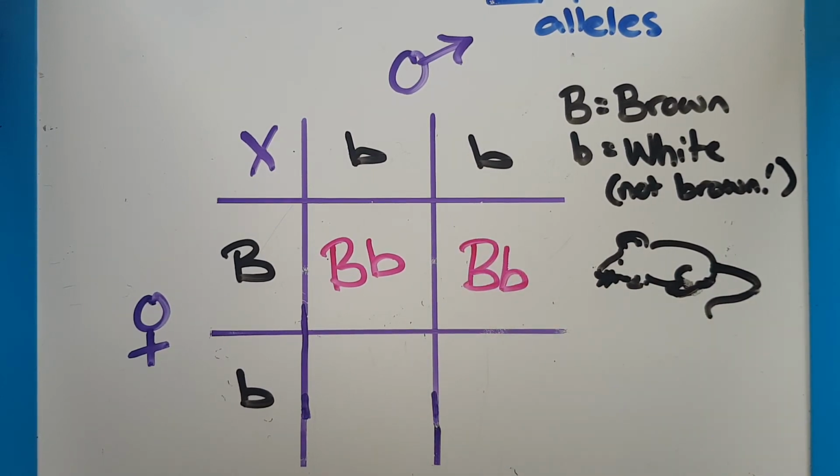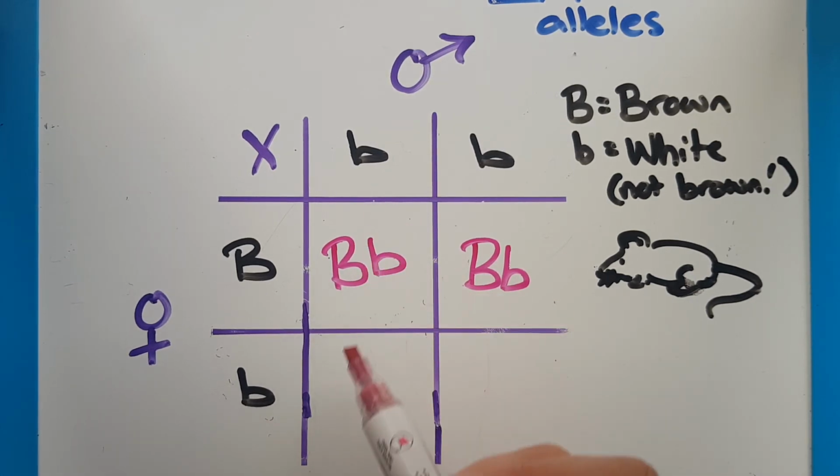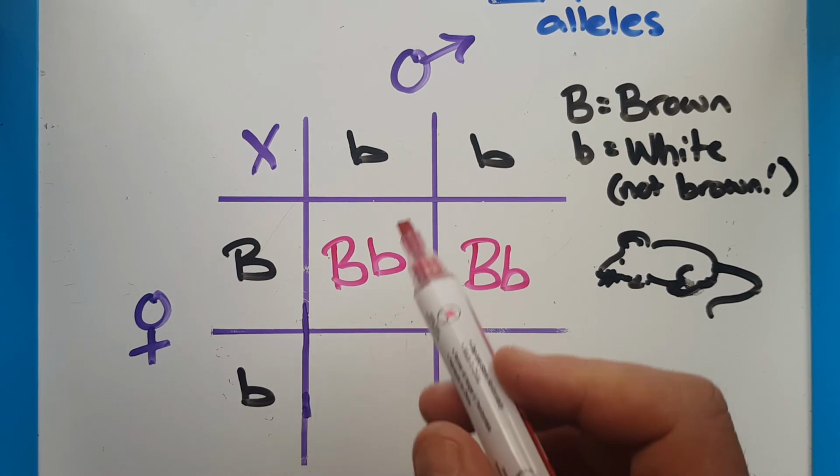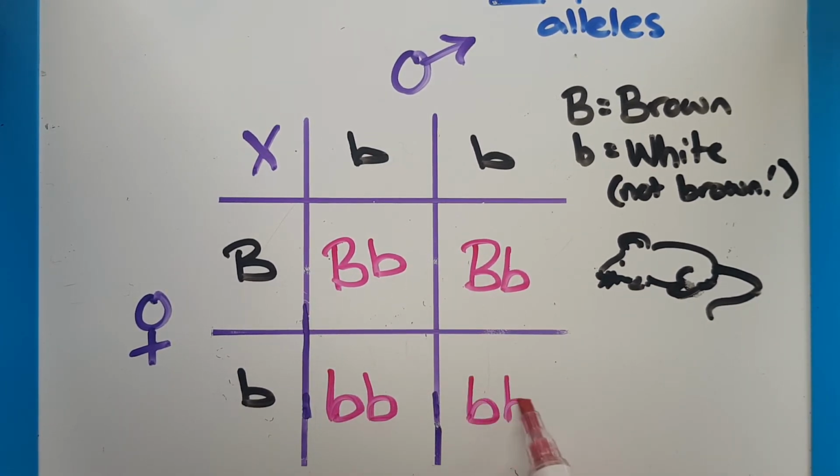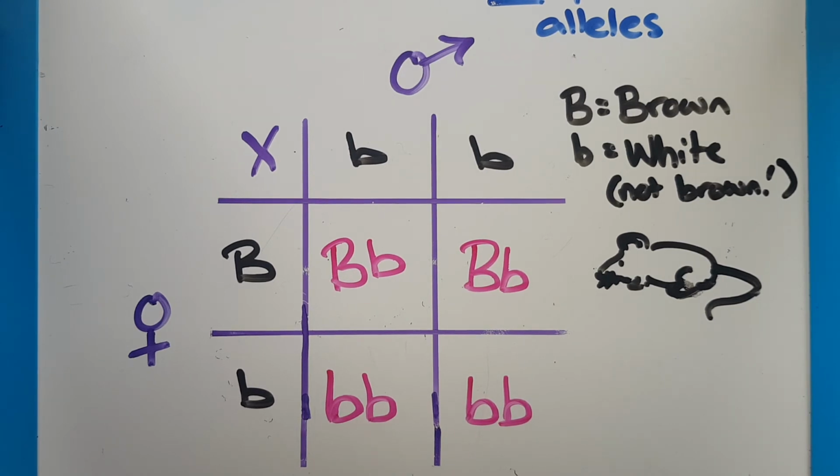So those two possibilities would have a brown coat, but they would be carrying the gene for making offspring in the future, if they're able to, that have white coats. What we see here is if this ovum or egg is fertilised, then both possibilities give little b, little b. Now these ones would be white.